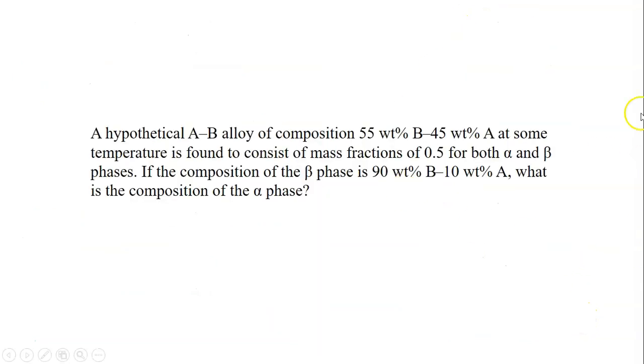Alright, another example: a hypothetical AB alloy of composition 55 weight percent B at some temperature is found to consist of mass fractions, given here, for both alpha and beta, meaning alpha 0.5, beta also 0.5.